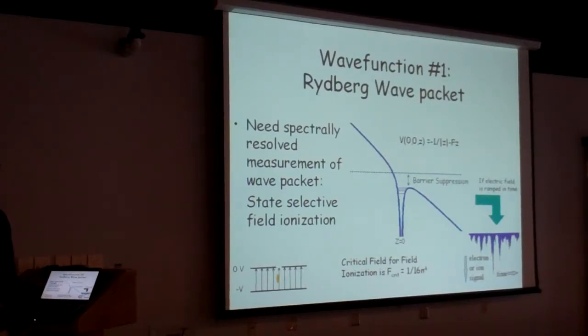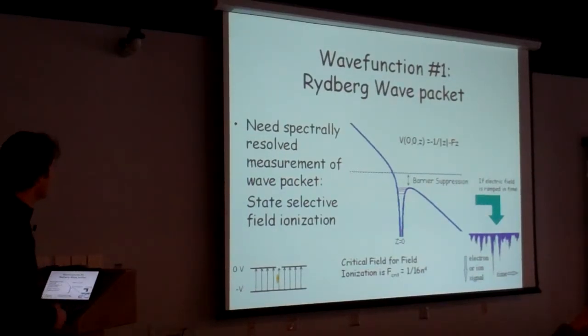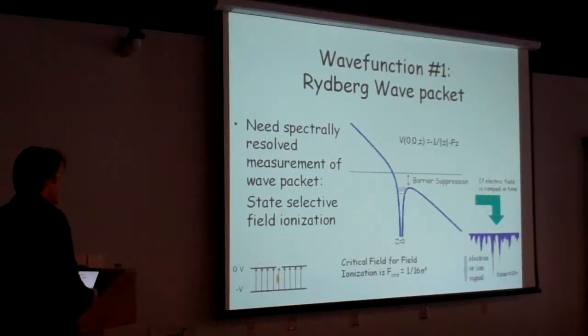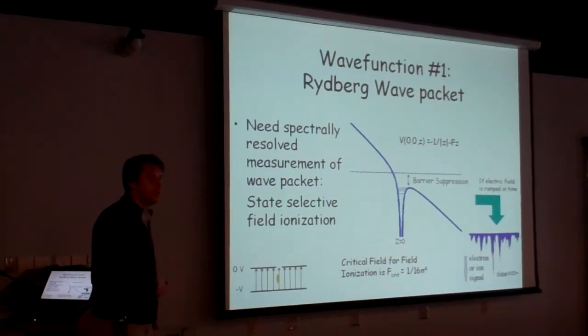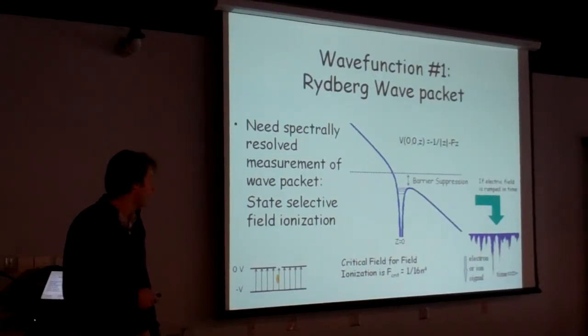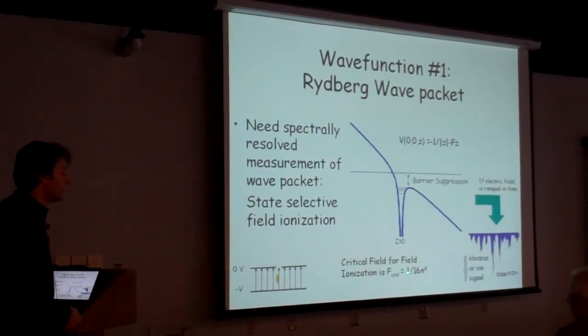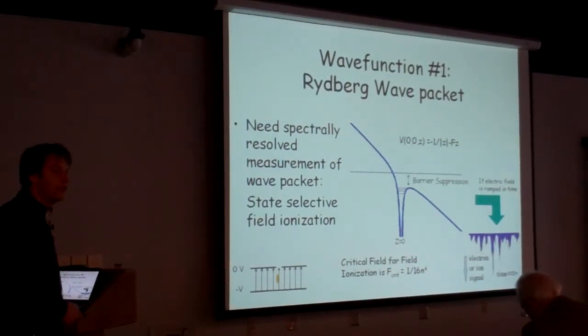So how do I measure these complex coefficients? Well, it's kind of nice to have been here this week and seen some ideas get repeated in different contexts. And the idea is we're going to make use of an old trick called state-selective field ionization. And as Lou talked about earlier, the critical field for field ionization of a state with principal quantum number n goes something like this.